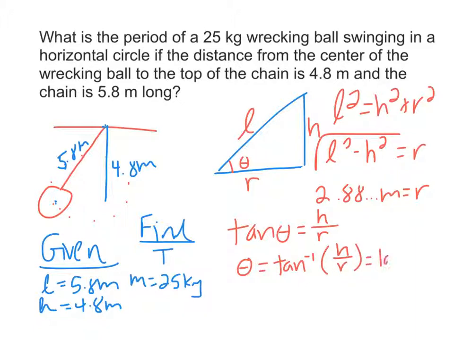So this equals inverse tan of my given height, 4.8 meters, divided by my radius, unrounded, 2.88 keeps on going, meters. So theta is equal to 58.99 keeps on going degrees. And I usually store theta, you can store it as anything you want. I tend to do t, since theta begins with a t. So there's my theta.